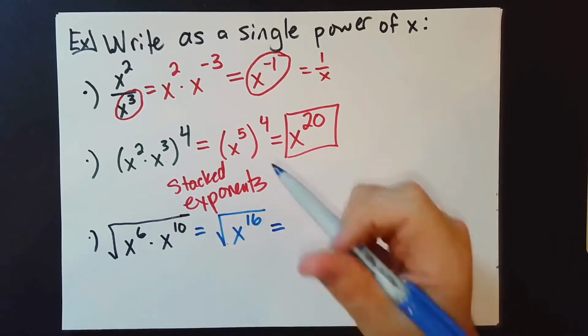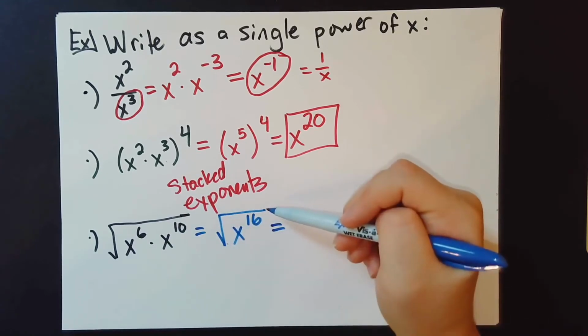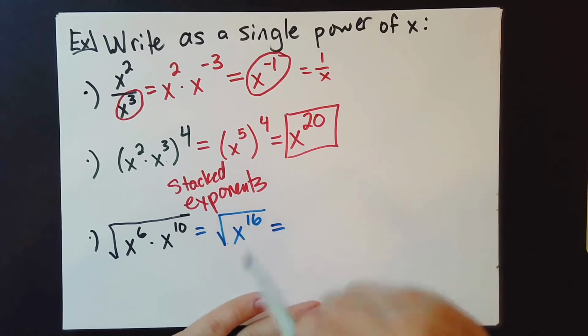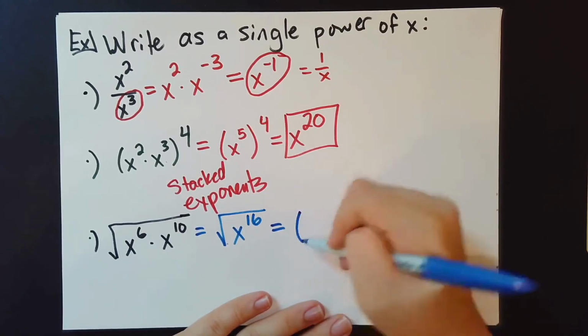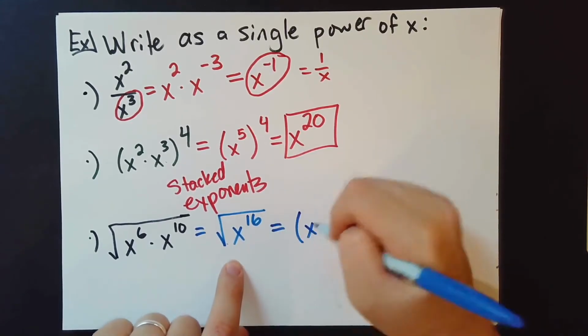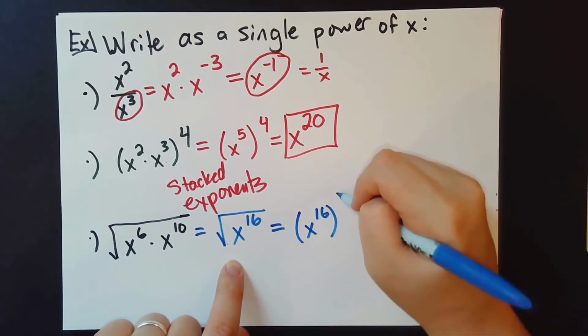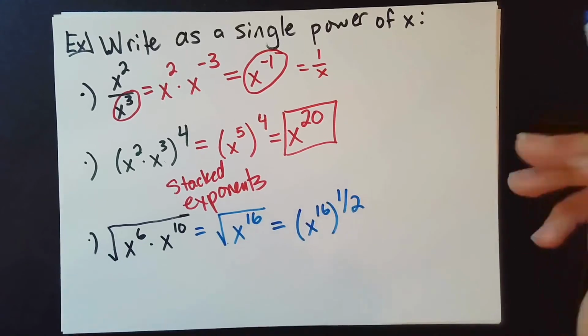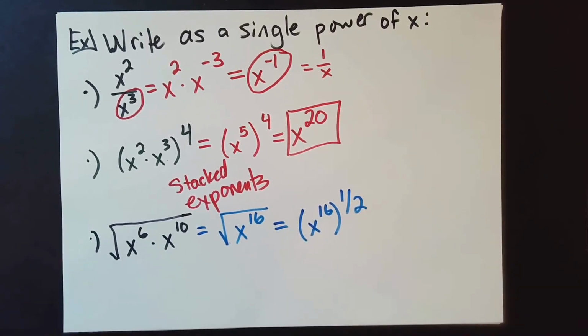Instead, I need to remember how to write square root as a power. Namely, square root is the same as raising to the 1/2 power. So I can rewrite this as x to the 16th to the 1/2 power. Okay. Square roots and 1/2 power are the same. You're going to see that over and over and over again.